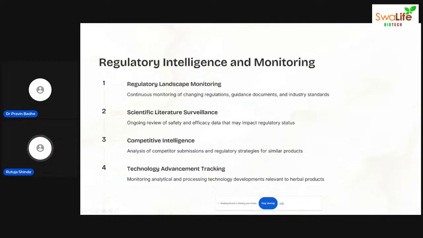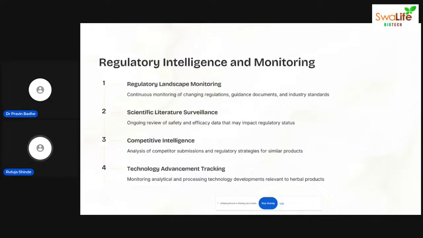Then regulatory intelligence and monitoring. So staying ahead in this field requires continuous intelligence gathering. That means continuous monitoring of changing regulations, guidance documents, and industry standards. Second is scientific literature surveillance, ongoing review of safety and efficacy data that may impact regulatory status.